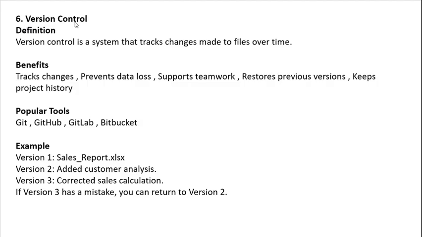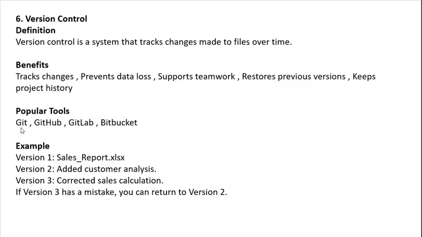Sixth is version control. Version control is a system that tracks changes made to files over time. As a benefit, it tracks the changes, prevents data loss, supports teamwork, restores previous versions and keeps the project history.